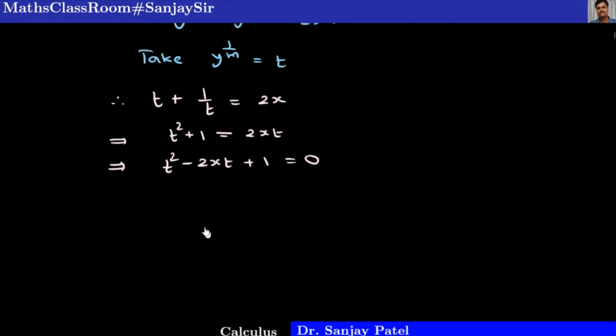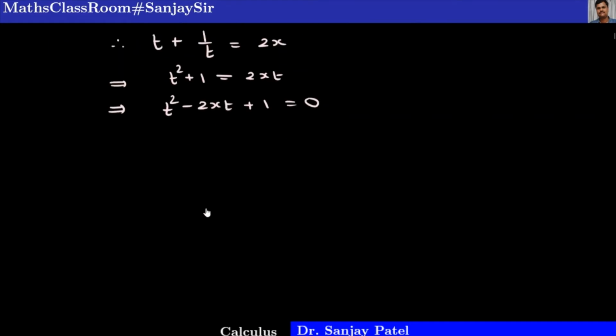I would like to make this into a perfect square. So let us add and subtract x square, because I can make these two terms into a perfect square by adding x square. So I will write t square minus 2xt plus x square, and then subtract x square also, plus 1 is equal to 0.